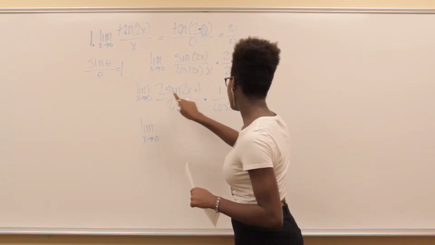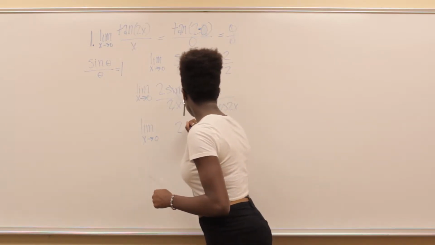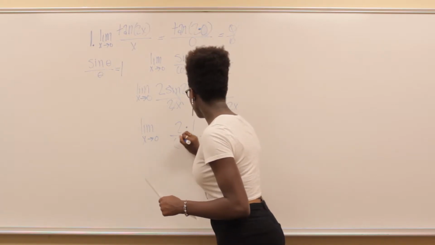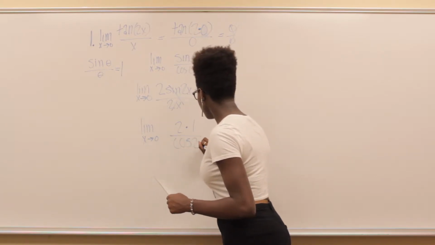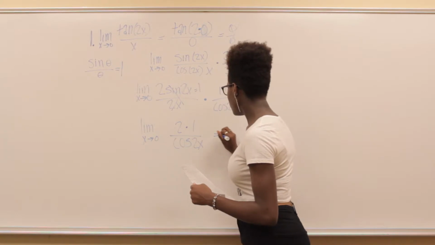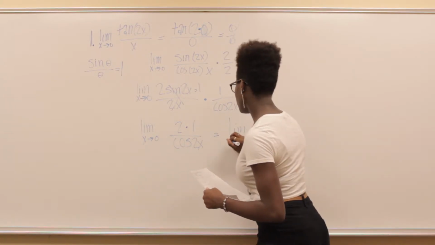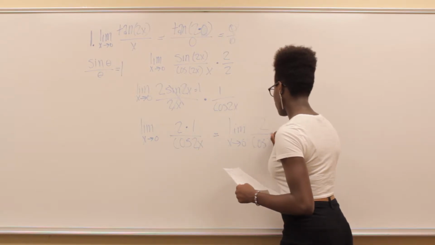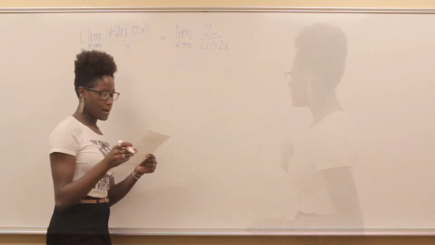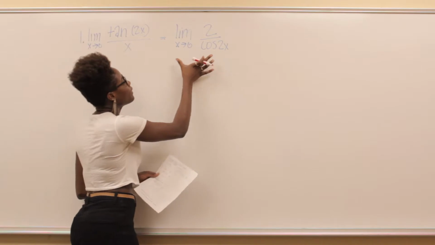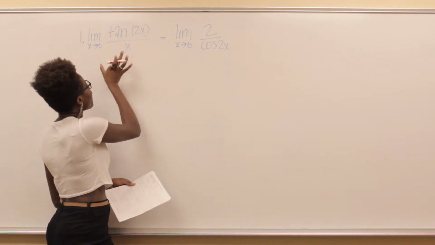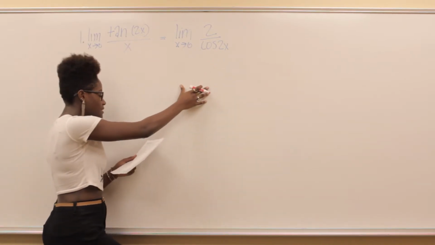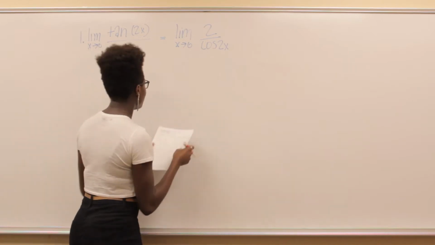So I'm just left with 2, so 2 times 1 over cosine 2x. And so once you work from the problem looking like this to like this, you start to solve to find the limit.